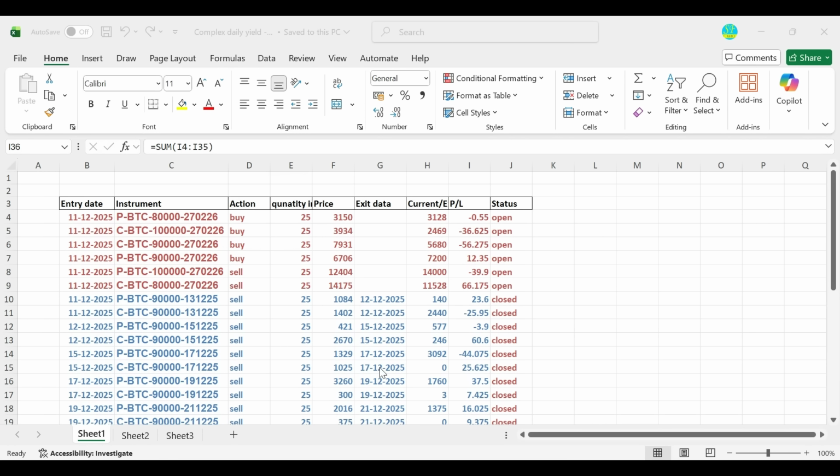So what are the things involved? Three things. If you have pen and paper, please note it down. Number one, the box spread. This will be in the far month contract.